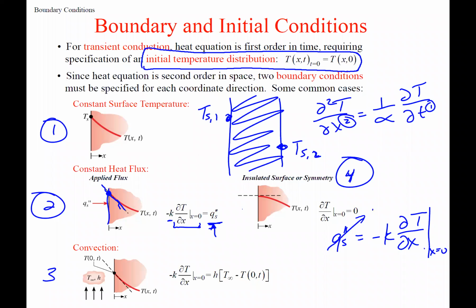So this is 0 on that surface. And for that to be 0, this is just a property, so it's a constant value. That means this has to be 0, which means the slope of your temperature curve has to be 0 at that point, at x equals 0. So that's what you're seeing here. This is the slope right here, at this point, x equals 0. It is 0 because there's no heat transfer going through that insulated surface.